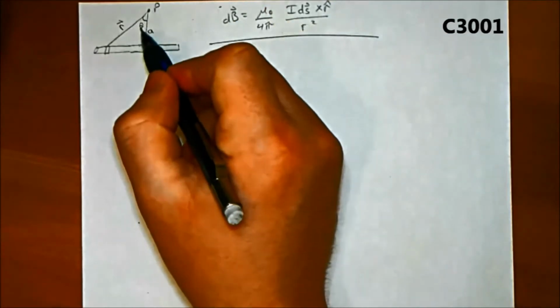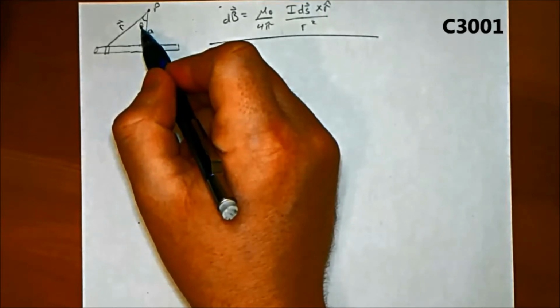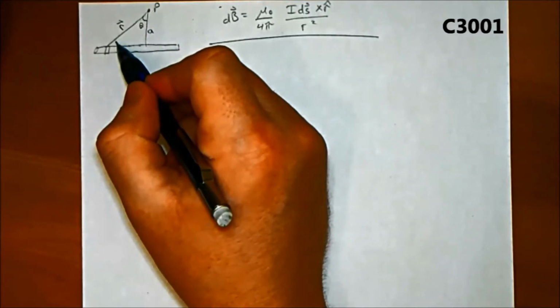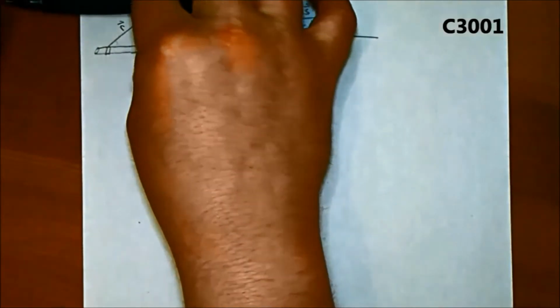And that variable that we're going to integrate along is the angle theta. Now you could use this angle here, but it just seems more intuitive to use this angle theta, and we're going to integrate from one side through 180 degrees all the way to the other side.